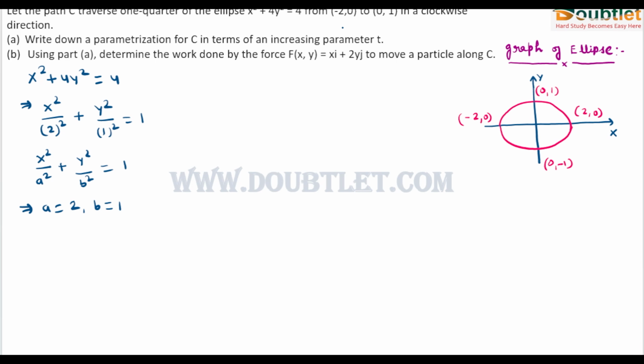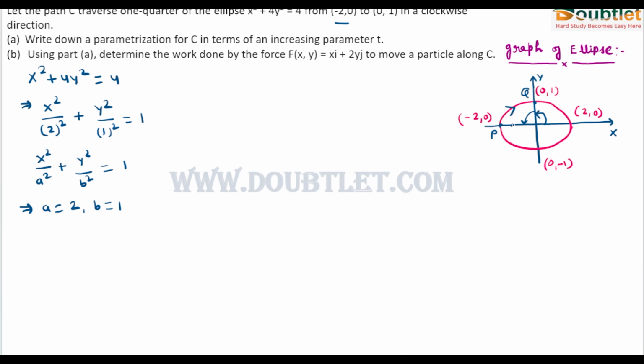And in the question it is saying that the particle is moving from minus 2 comma 0, so let's assume this point as p and this point as q, because this is 0 comma 1, and it is moving clockwise, so basically in this direction. From this point to this point, if we start from the anticlockwise direction, this angle is pi by 2 and this angle is also pi by 2.